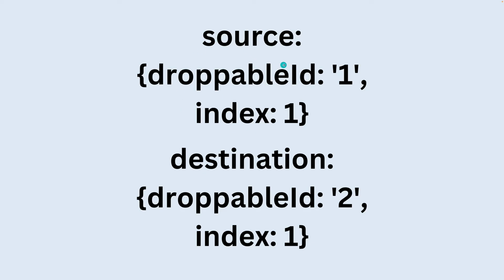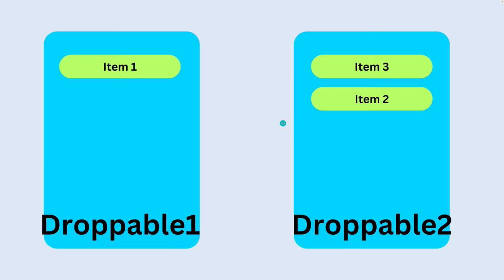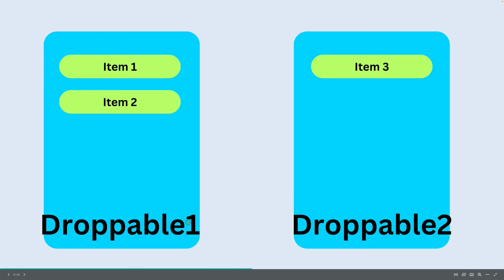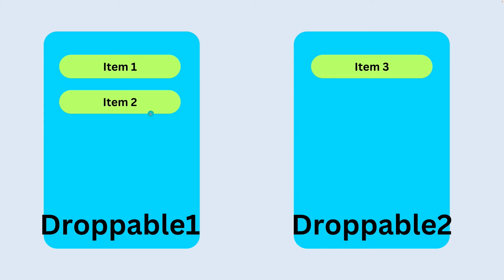The source is the original state where the draggable was in. Originally item 2, this draggable, was in the droppable that has an ID of 1, and it had an index of 1. As you can see here, this has an index of 0. This has an index of 1.